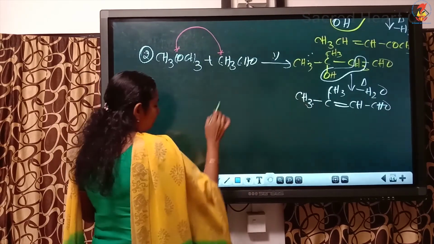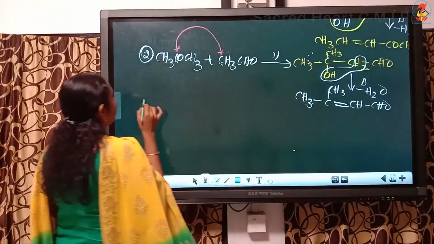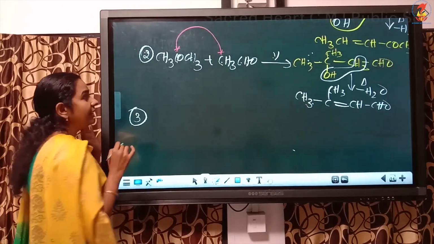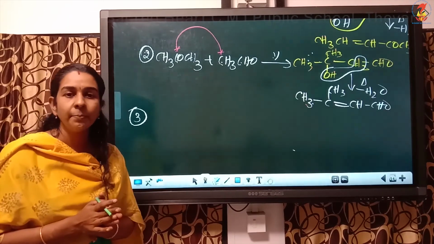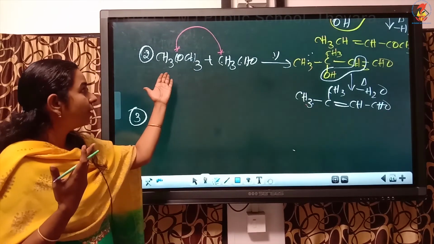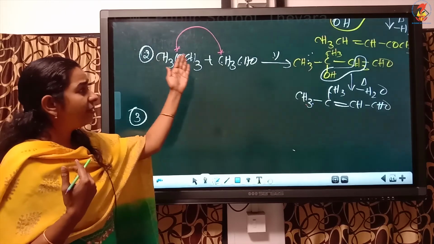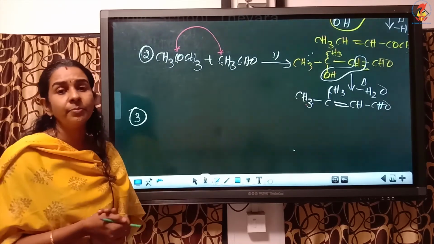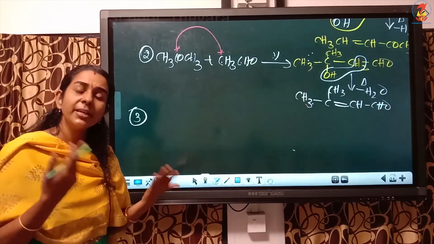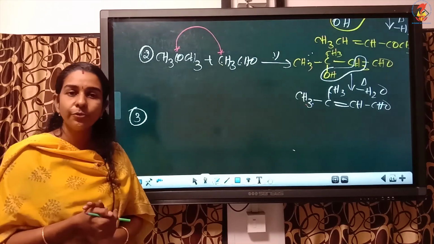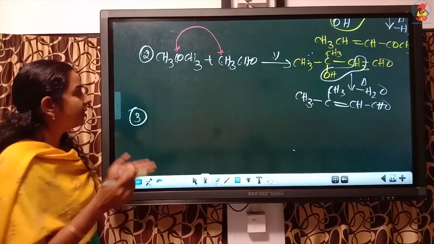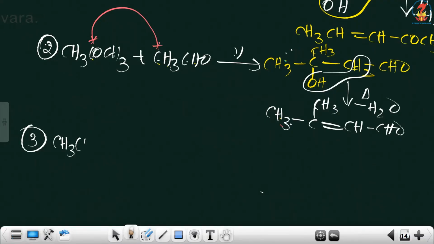Now what is the third possibility here? When we take a sample of these two and mix them, there will be a large number of propanone molecules and a large number of acetaldehyde molecules, isn't it? So when they mix, there is a chance for acetaldehyde to react with itself, and propanone with itself. So the third possibility is CH3CHO plus CH3CHO.